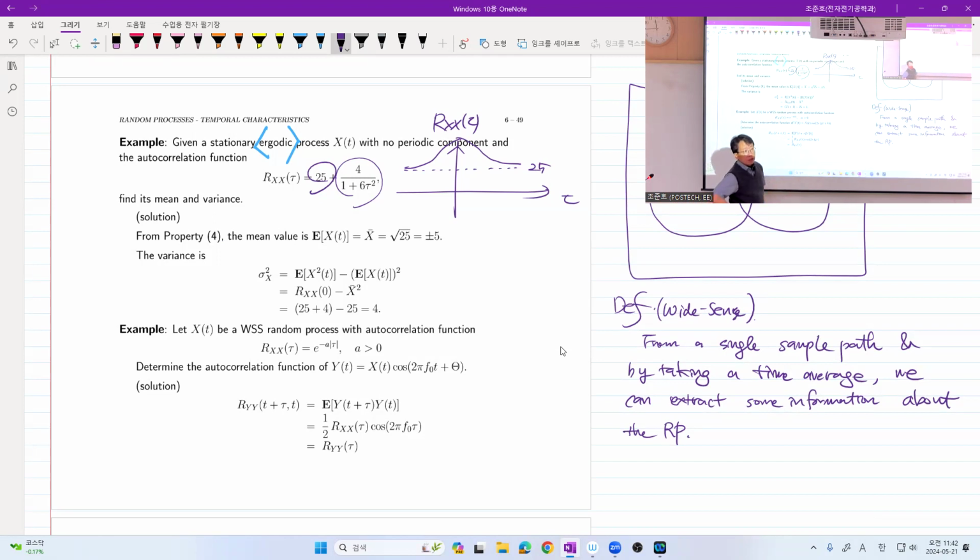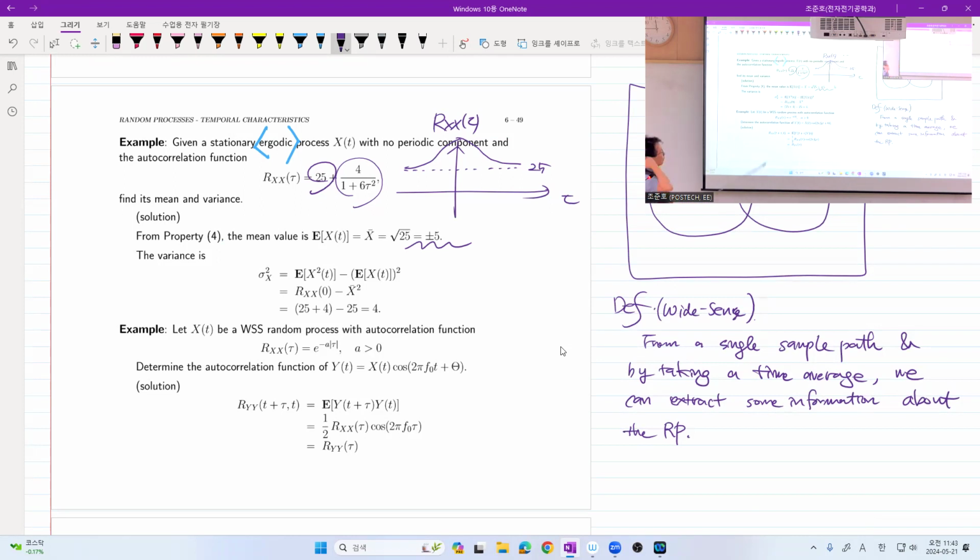It's the squared value of your mean. But what is the square root of 25? You have two possibilities, plus or minus 5. So you have ambiguity in the mean value of the process in this case. It could be positive 5 or negative 5. But anyway.